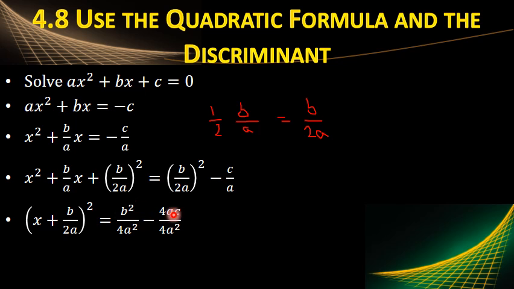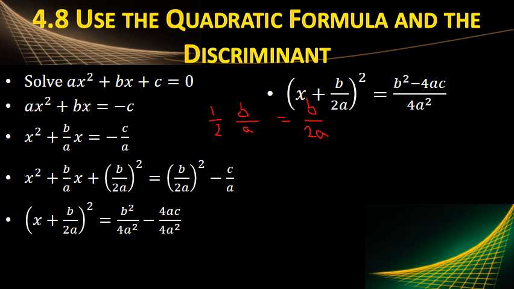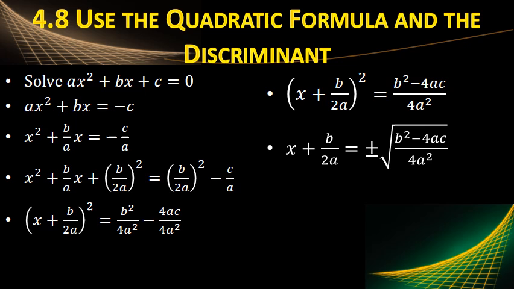So 4a and 4a squared. I can combine the fractions, so it's b squared minus 4ac on the top, and then take a square root.